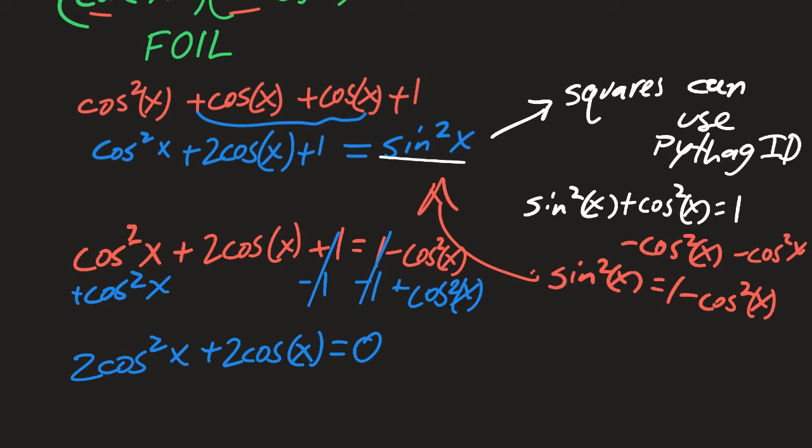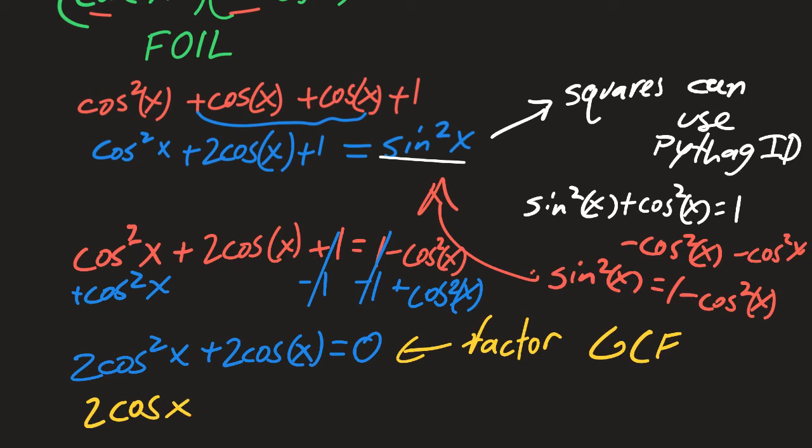And I see some commonality between these two. What can I separate out or factor from here? My GCF, or greatest common factor, is going to be 2 cosine of x.